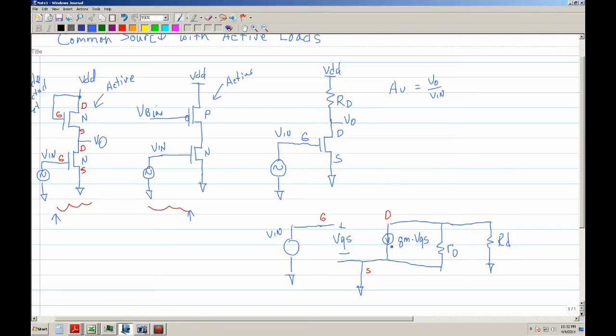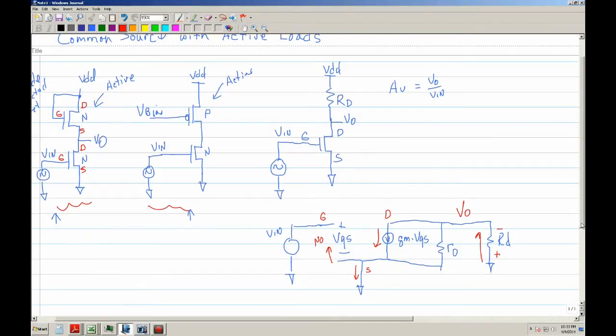Now realize that the current flows in this direction, down through the source. It cannot flow in that direction. So then that current is going to flow back up, and since it flows back up, that goes positive, that goes negative. So this drain is actually Vout.